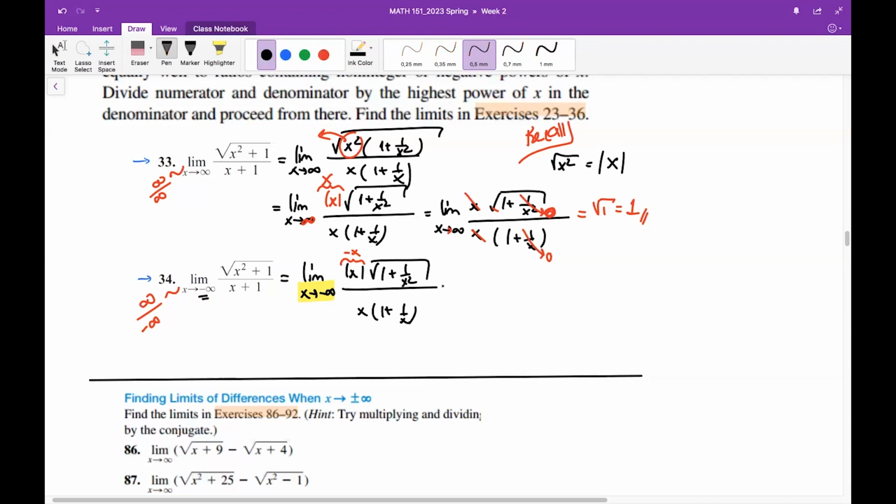By putting an extra negative sign in front of it, I make it positive. Okay, so I have this x like that. Again, simplify, send these parts to 0 as x goes to minus infinity. So the result is like that with an extra minus sign coming from here. So the result is minus 1 in this case. Okay? Any questions?